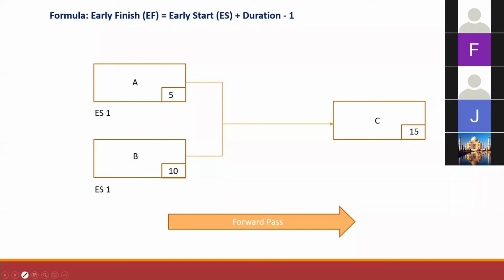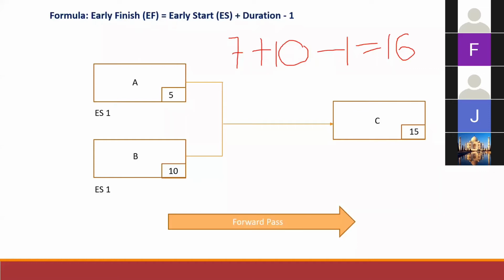So let me show here. As I mentioned earlier, the activity started on the 7th of August. By using this formula here, you add in the duration of 10 days, but you have to minus 1. So the completion date of this activity falls on the 16th of August instead of the 17th of August.